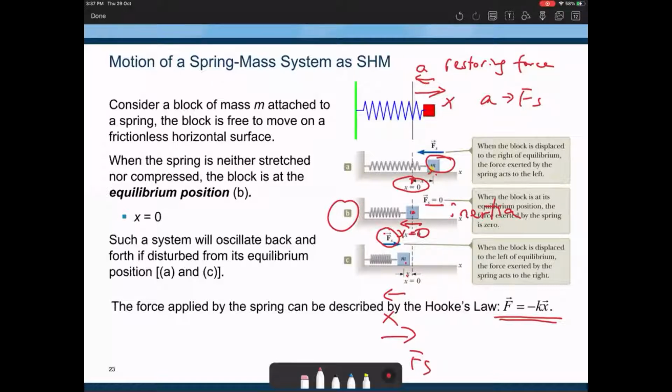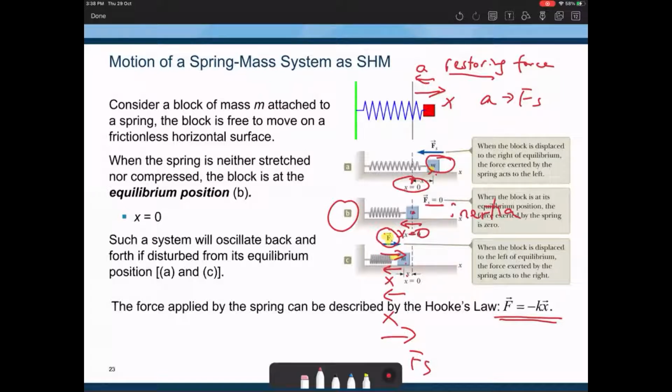And so it is once again a restoring force. It is restoring because it always tries to bring the particle back to the equilibrium point. It is trying to push the particle back to the equilibrium point. The force is pointing in the opposite sense as the particle displacement.